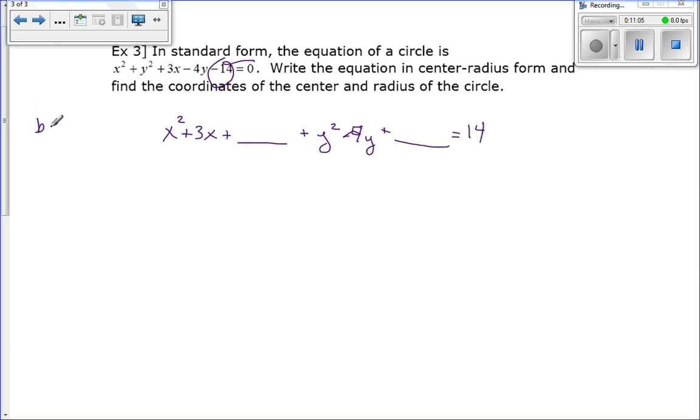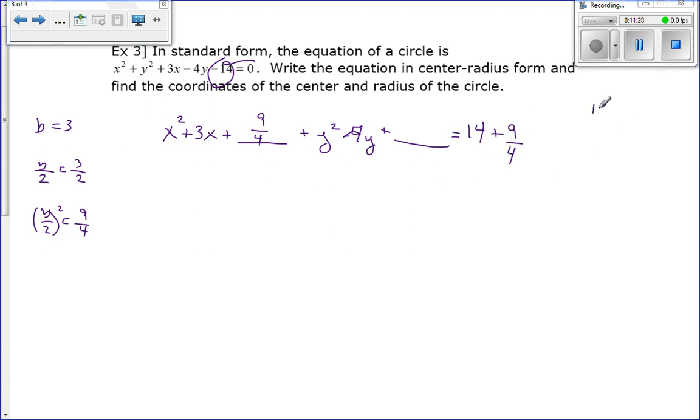Okay, for the x's, b is 3. So half of b is 3 over 2. Half of b squared is 9/4. So we add 9/4 here. We're going to have to add 9/4 here.